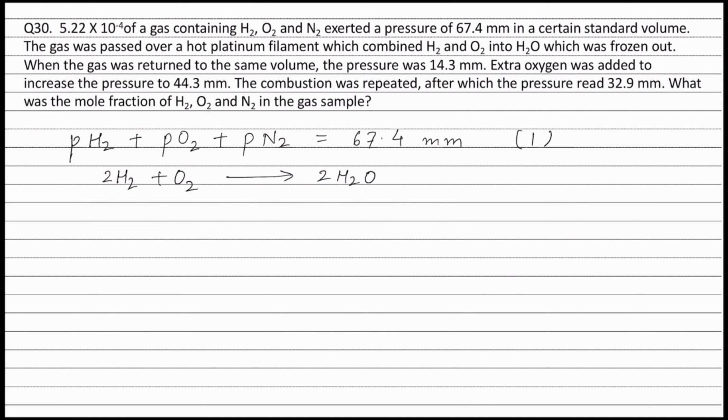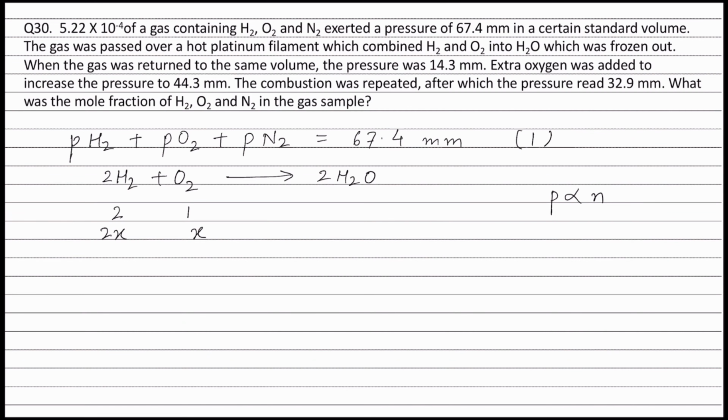As can be seen from the balanced equation, 2 moles of hydrogen combine with 1 mole of oxygen. Now at constant volume and temperature, pressure is directly proportional to number of moles. So we can write partial pressure of hydrogen as 2x and partial pressure of oxygen as x.